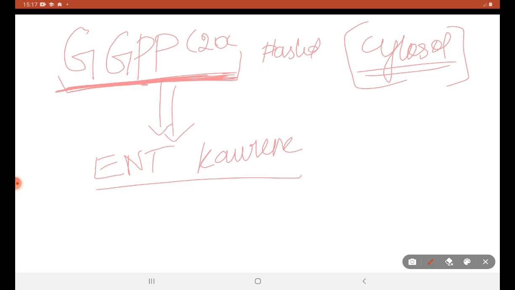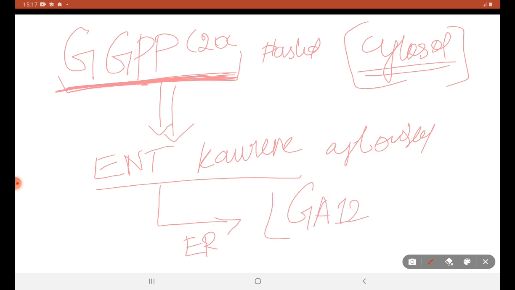It enters into cytosol. Ent-kaurene will enter into ER as GA12. GA12 will act as a precursor for all gibberellic acids.